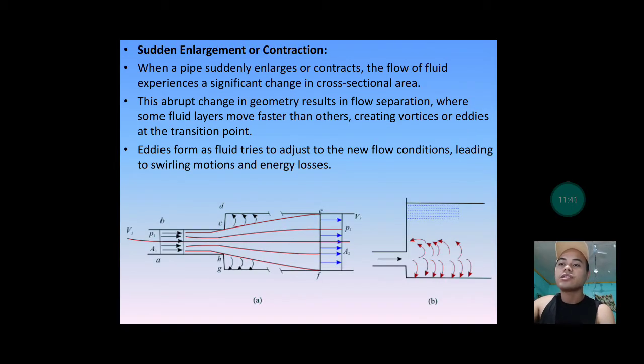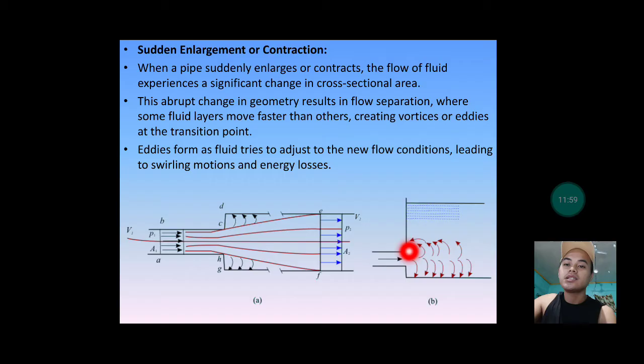So there are eddies formation in pipe systems. First, for sudden enlargement or contraction, if the flow is smooth as it enters the bigger, enlarging pipe, there will be eddies in this part of the pipe.